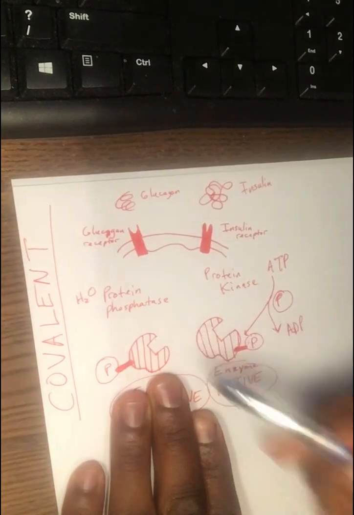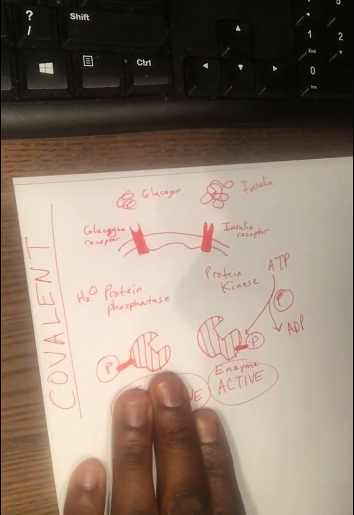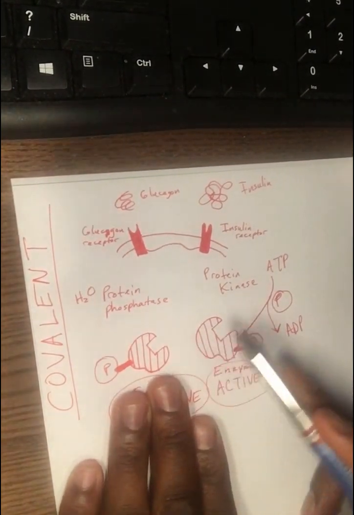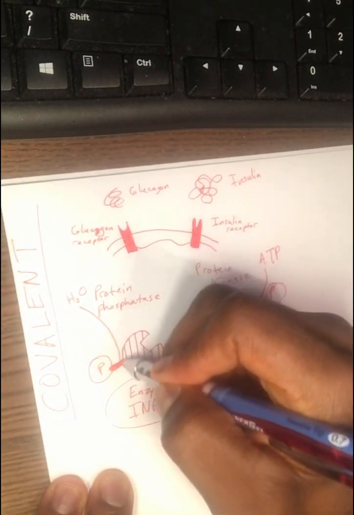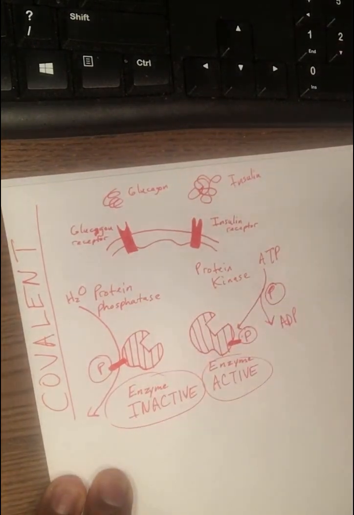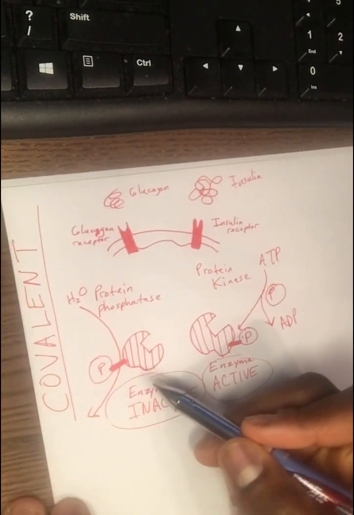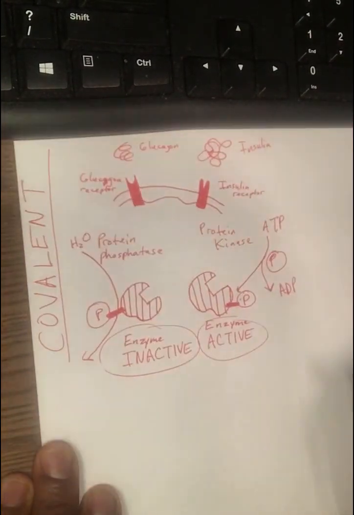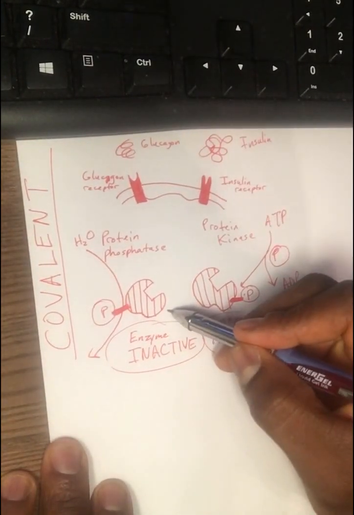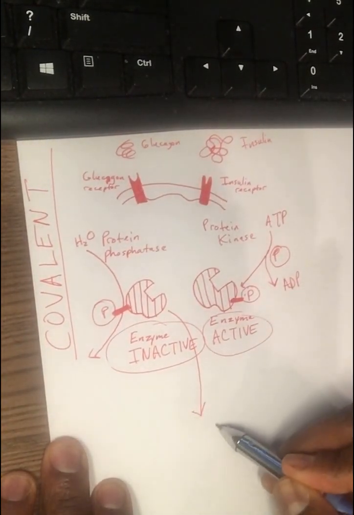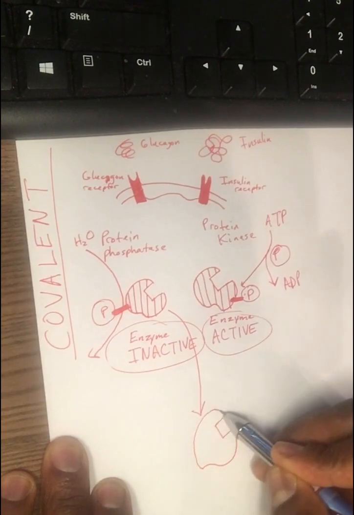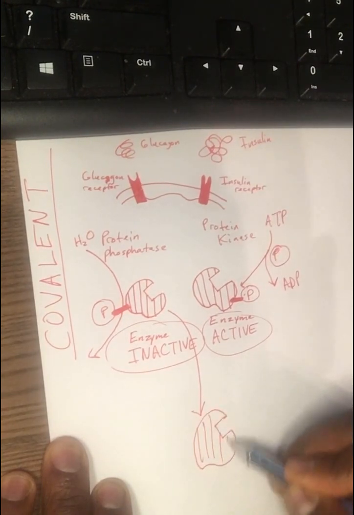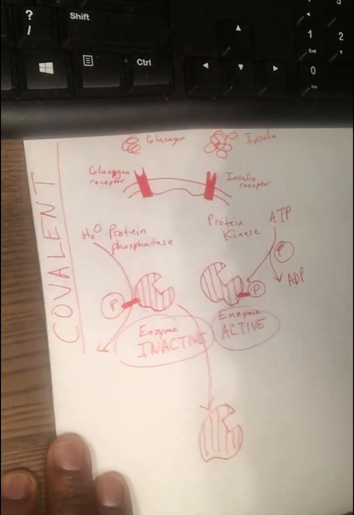Here we're going to inactivate it by using a protein phosphatase. Through a process of hydrolysis, we cleave that off, and thus we end up getting an inactive enzyme. So it's back to square one without being phosphorylated.